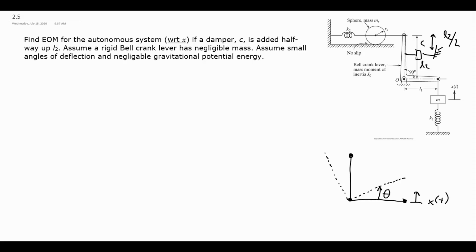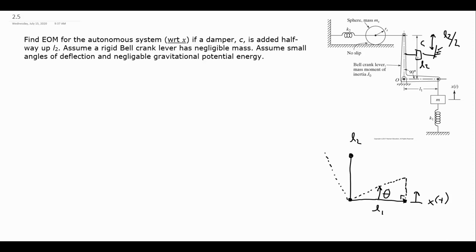And because of small angle approximation, we're going to say that it must move orthogonal to that original orientation, so it can only move vertically, or it mostly moves vertically. So that's what x is going to be. And originally this is L1, and this is L2.